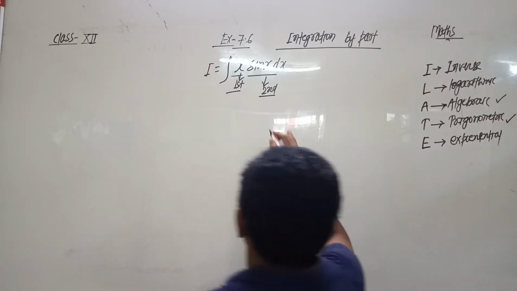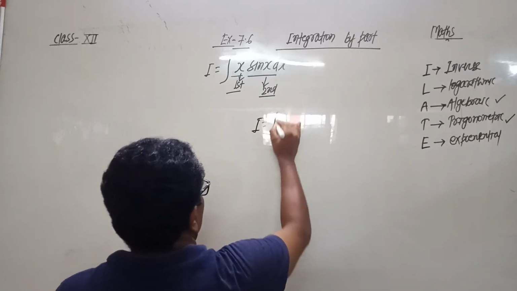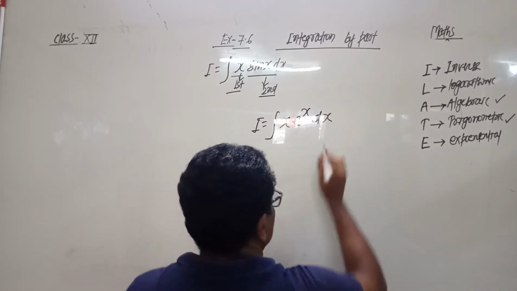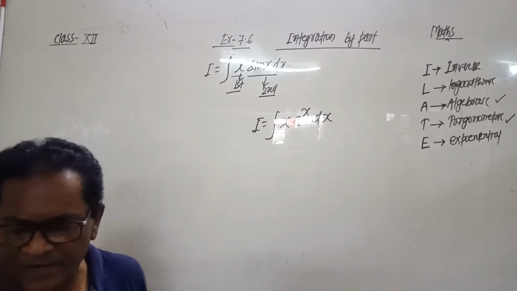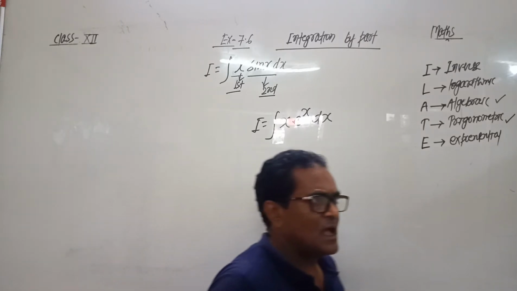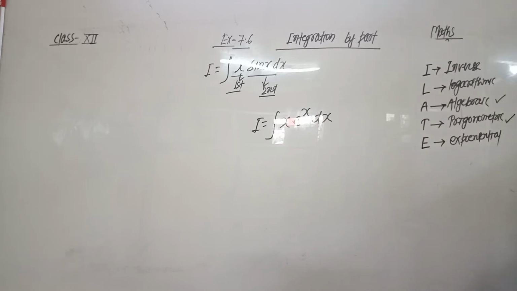Suppose the question is like integration x into e to the power x dx. There are two different functions. One is x and the other is e raised to the power x. x is the algebraic function and e raised to the power x is the exponential function.